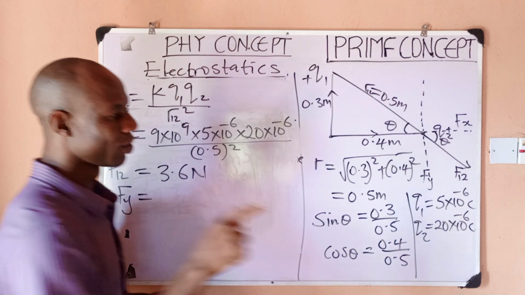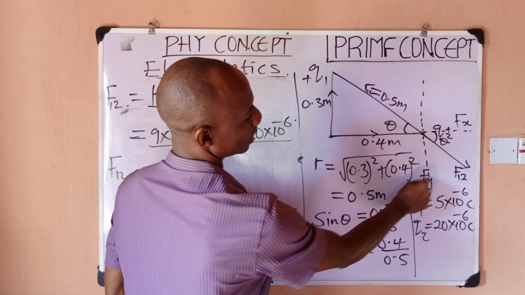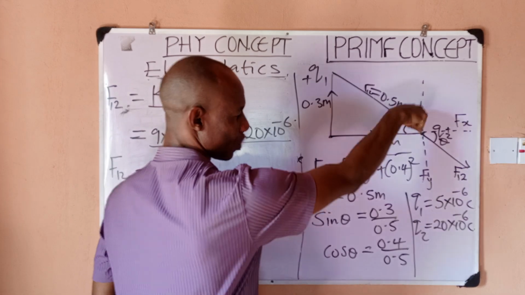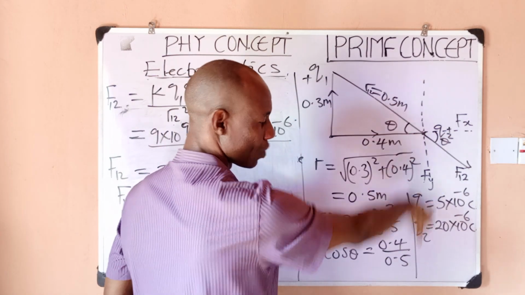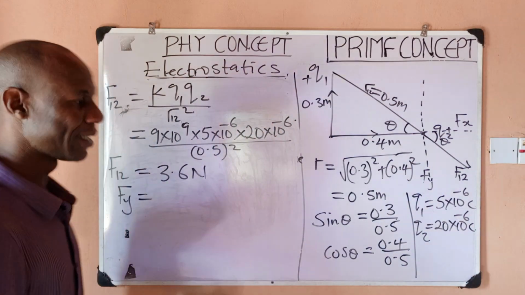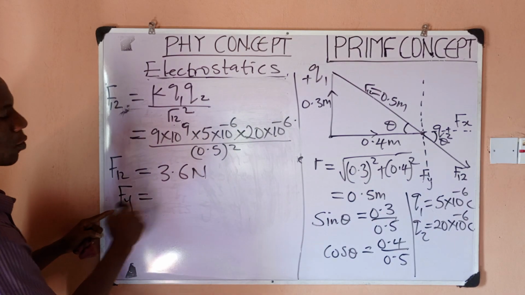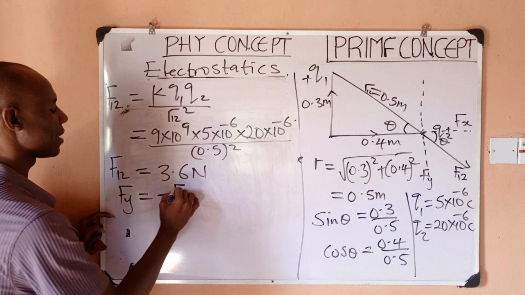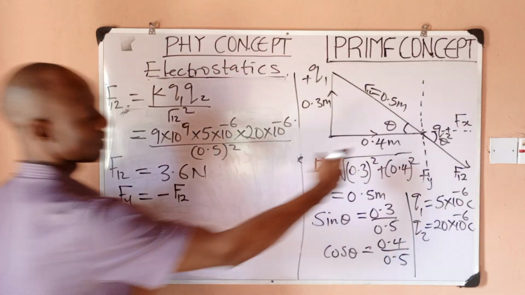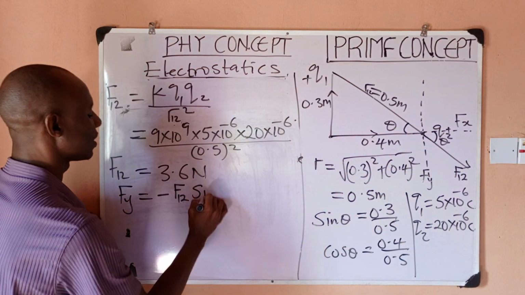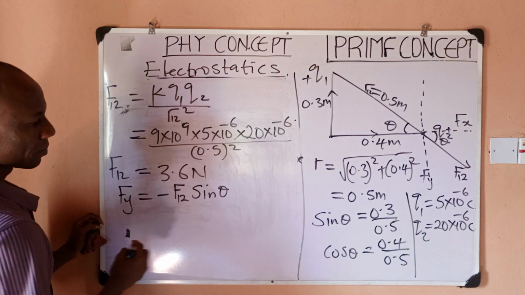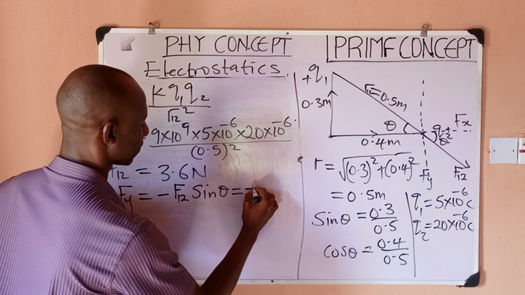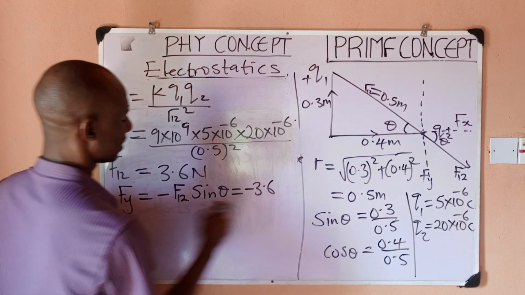Also take note that when you resolve this to this place, this force will be pointing down. See the arrow? When you drag it here, it will be pointing down. And you know downwards means what? Negative. So Fy is going to be negative because it will be pointing down. Negative F12, and since I'm opening the angle, I'll be using sine theta.